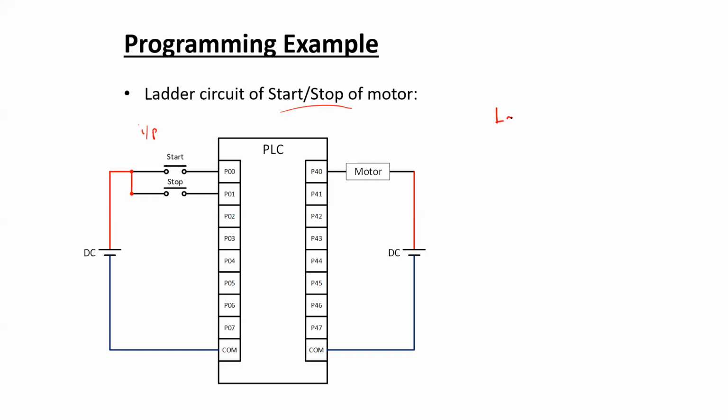So I think now you can suggest what should be the ladder diagram for implementing this particular operation. Suppose these are the two vertical lines, how should we take the contacts and how should we connect them with the output coil?